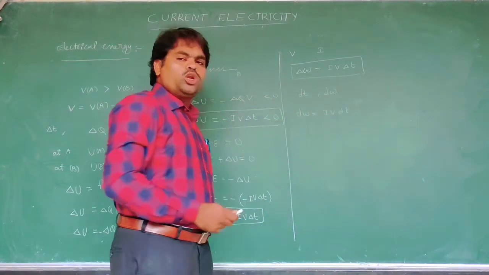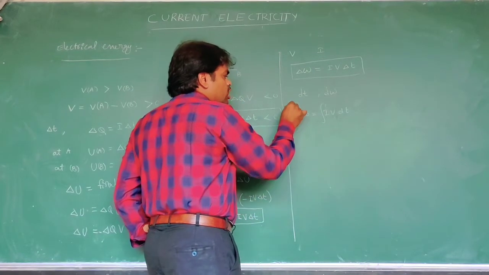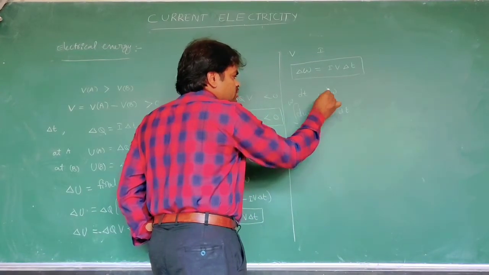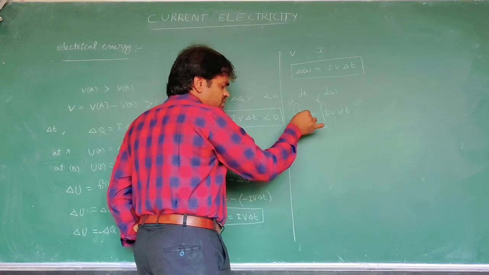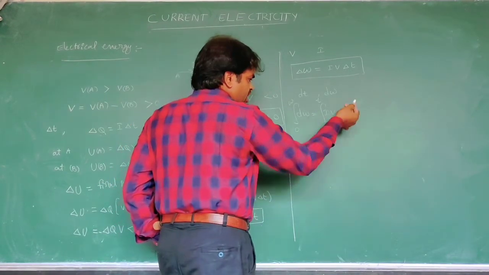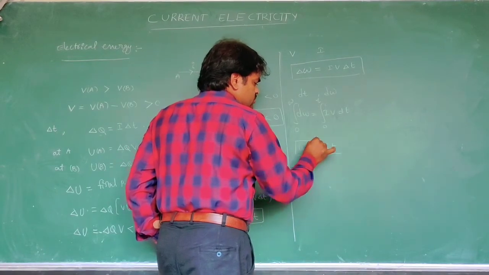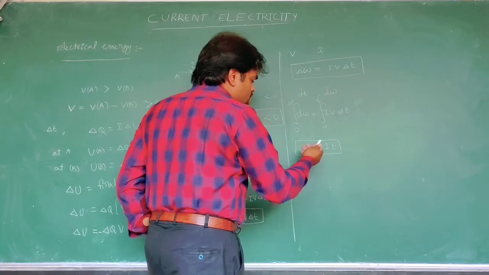Now we want the total work done, so we integrate from 0 to W and 0 to T. The integral of dW is W, and the integral of dt is T, so W equals V I T. This is the work done.